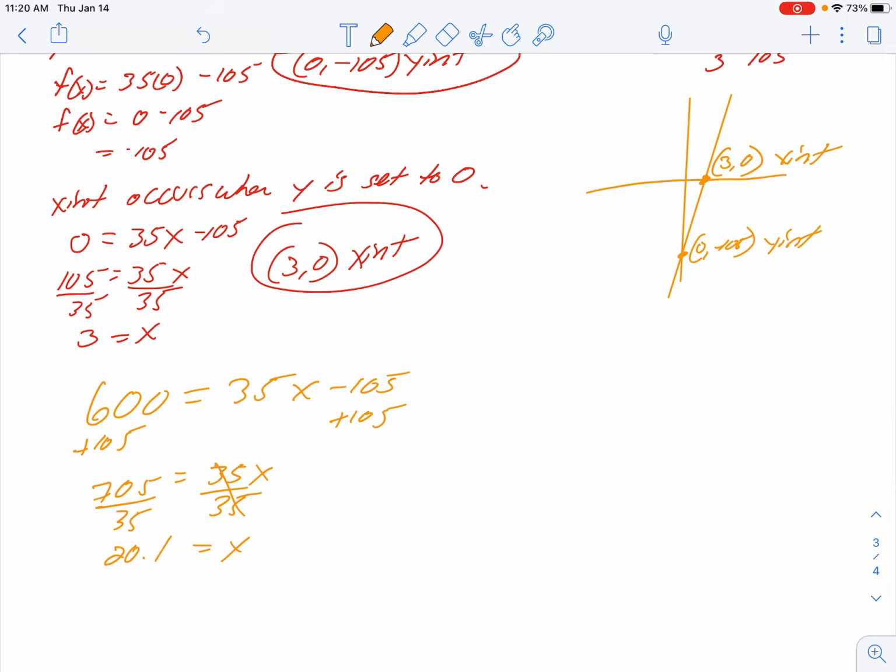So one more time, where do I round it? Do I keep it at 20, or do I round this up to 21? Well, if you're thinking about leaving it at, say, 20, then you're saying, hey, if I plugged in 20 vases, then 35 times 20 is 700. Minus those that keep breaking, I'm at 595. And this is then not the case. So I want to round this up to 21 vases, because at 21 vases, 35 times 21, that's 735.